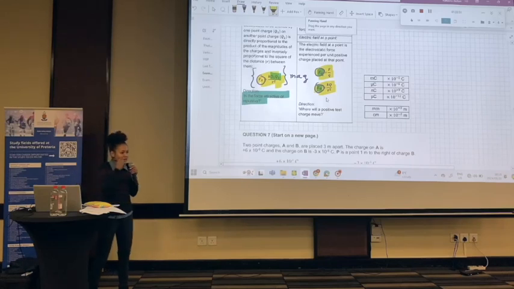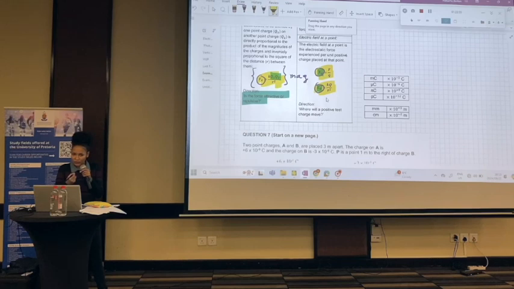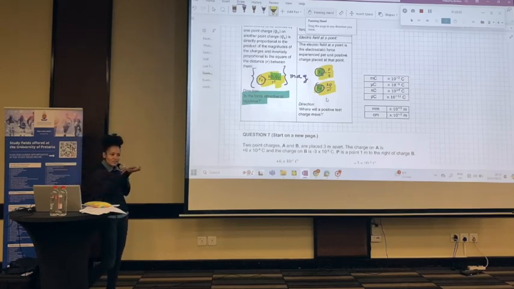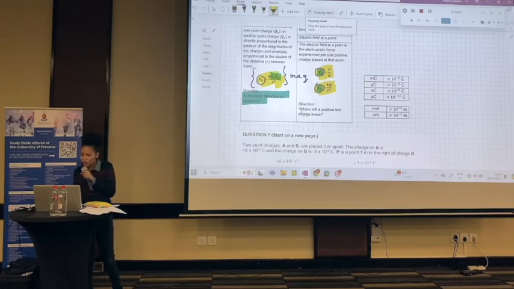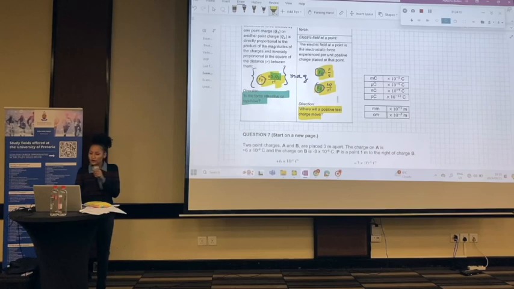We determine the direction by making use of the definition of an electric field, which speaks about a positive point charge. So, how do we find its direction? We say, where will a positive test charge move? That is how you're going to determine the direction of the electric field, but not from the formula. If you sub in the formula and you get a negative, it means you've done something wrong. These formulae only generate positives because we don't put negatives into them.